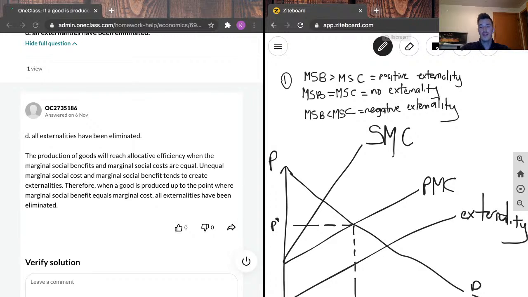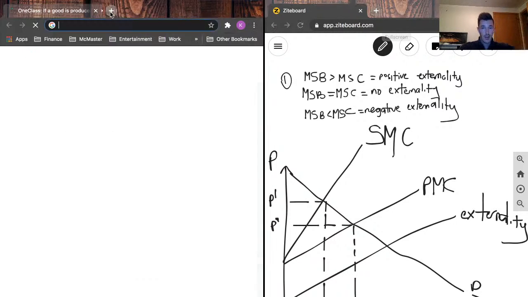If we charge for pollution, the result would be moving to the social marginal cost, where we would have a lower amount of the good produced at a higher price. Call these Q prime and P prime. I'm just going to check to make sure I got that right.